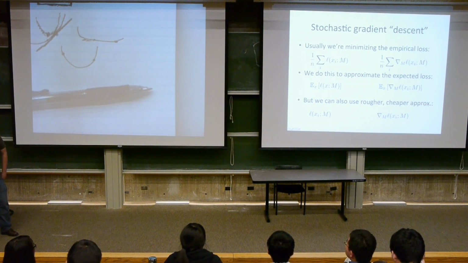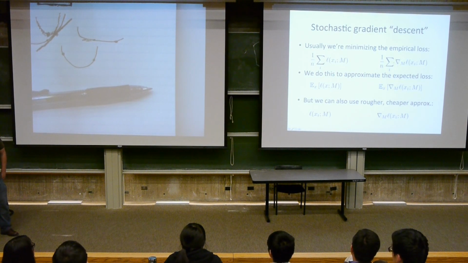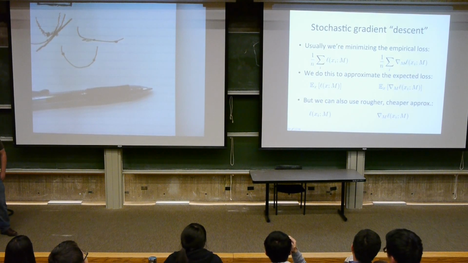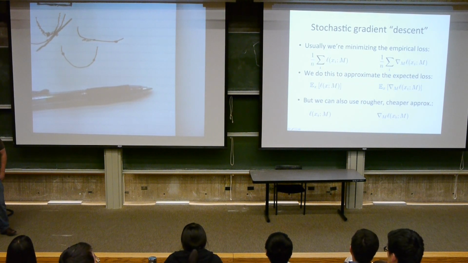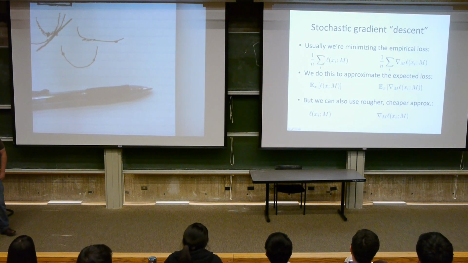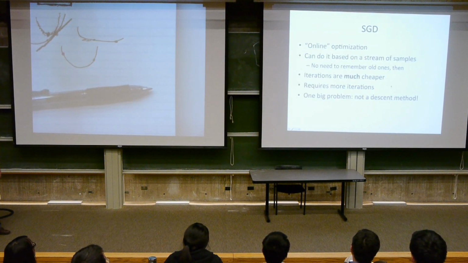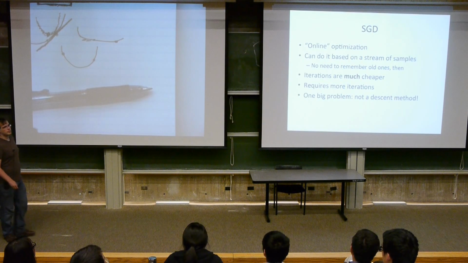So this is the gradient term that we're using in regular gradient descent over the full training set, which we usually call batch mode gradient descent. This is what we really want. This is just another, cheaper approximation of it. They have the same expectation. So SGD is what's called an online optimization.